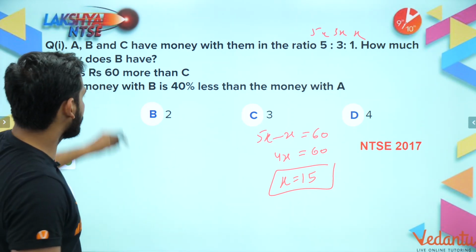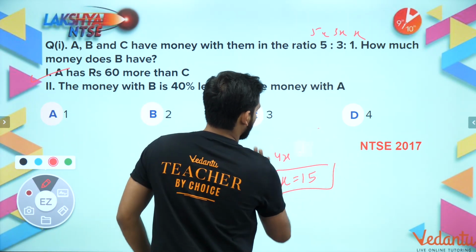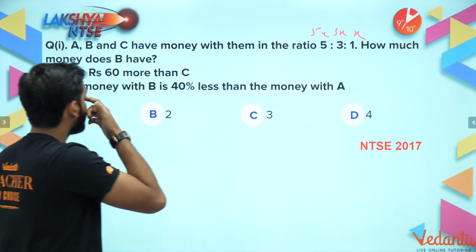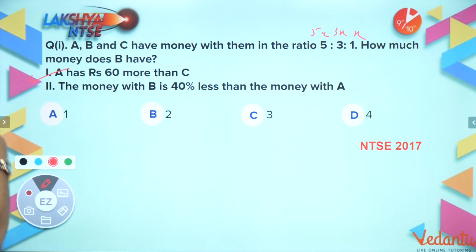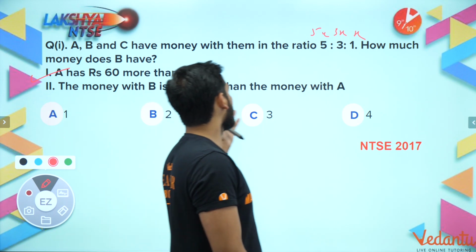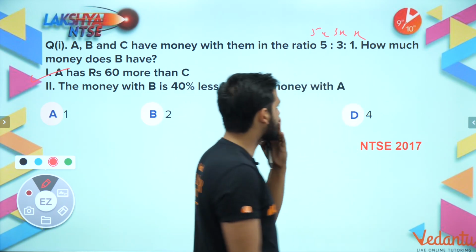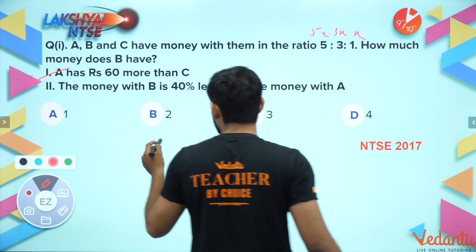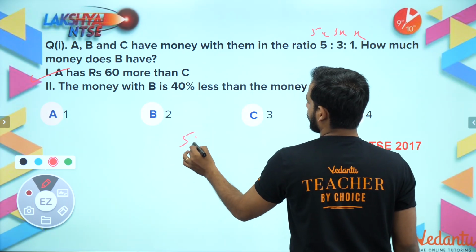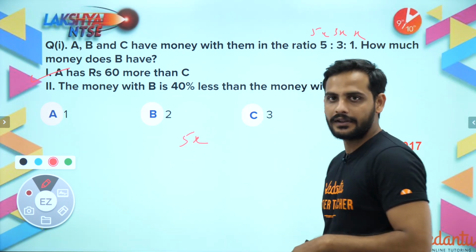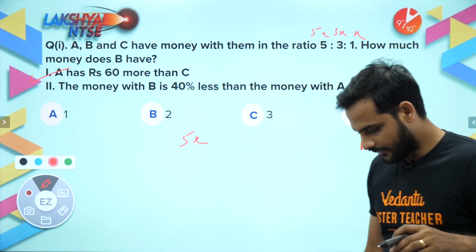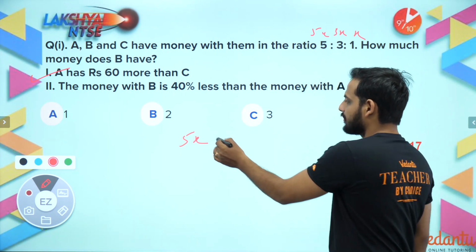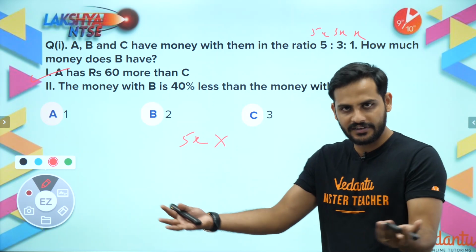Let us see whether the second statement alone is sufficient or not. The money with B is 40% less than the money with A. So whatever money A has, 5x, if you reduce it by 40%, that will be the amount of B. Reducing it by 40% means making it 60%.